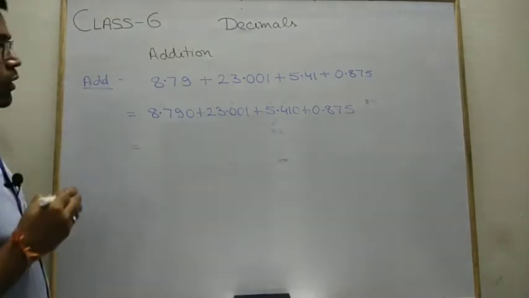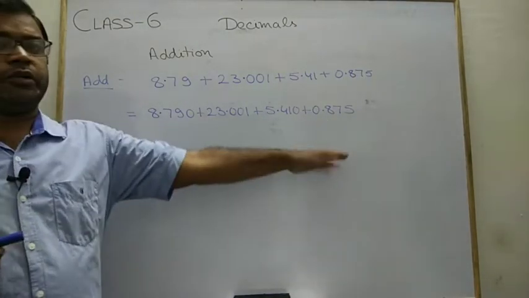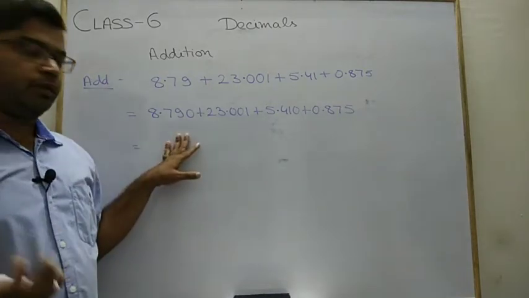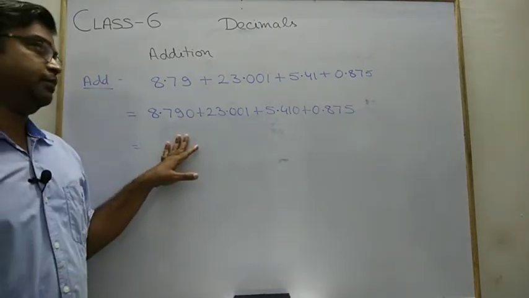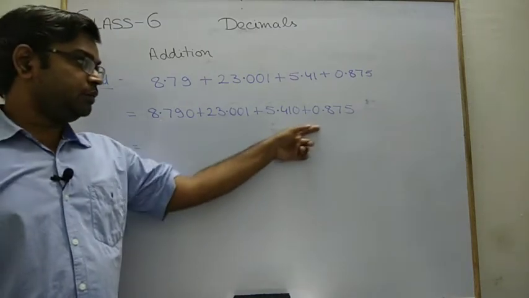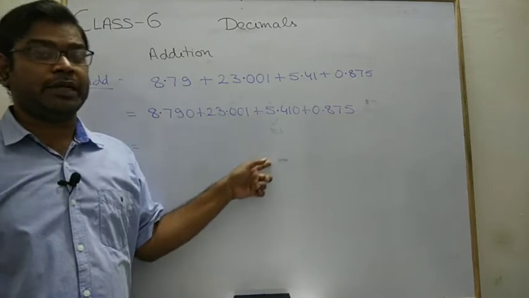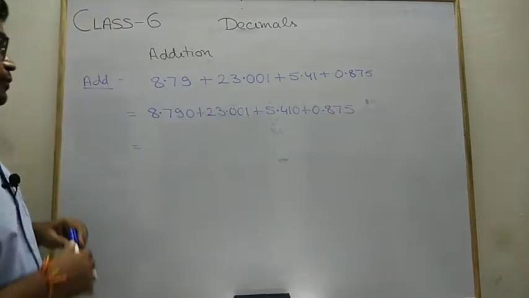Clear. Now all are in like form. Now it's easier for us to add or subtract, as we'll discuss in subtraction. Always remember that this line is very important for doing addition, subtraction, etc.